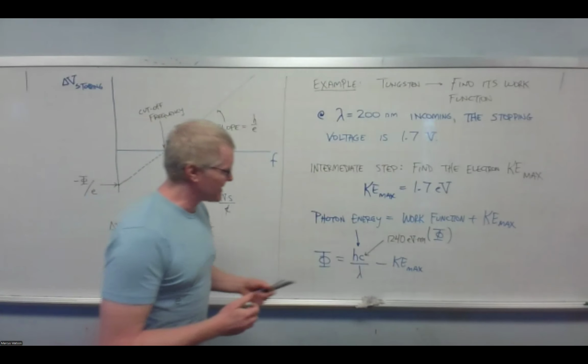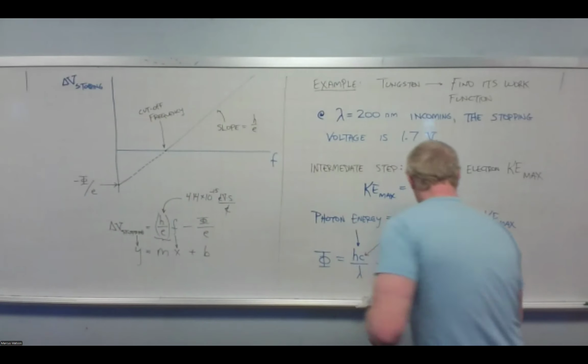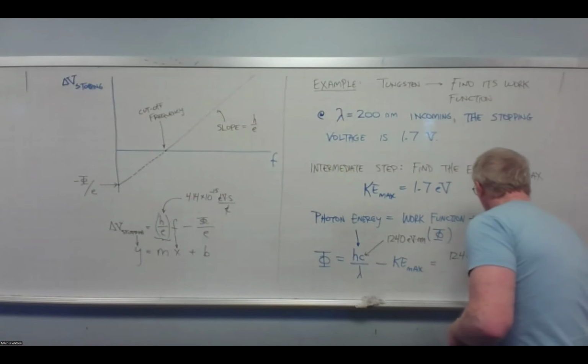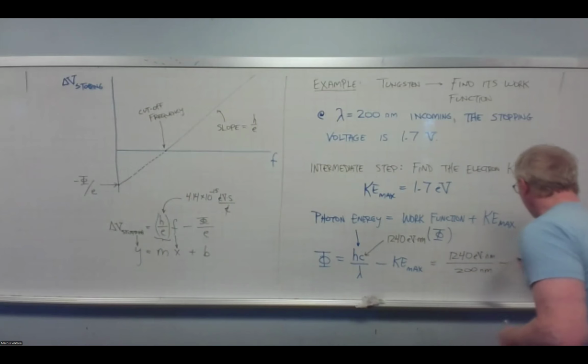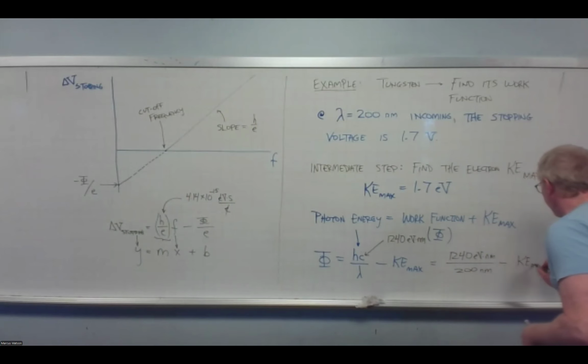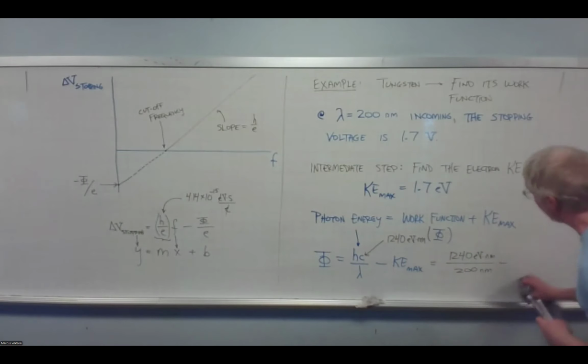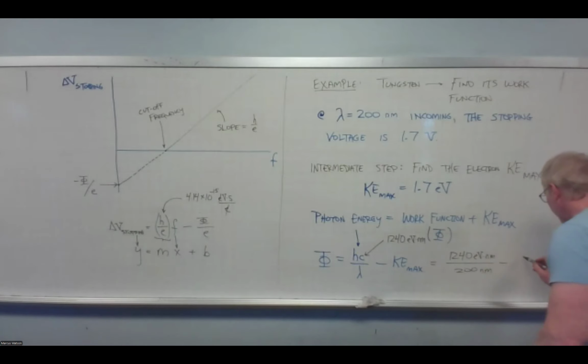So to find the work function, I'm going to take 1240 eV nanometers, divide by 200 nanometers, and subtract off the maximum kinetic energy, which we know, so I'm going to write it as 1.7 eV.